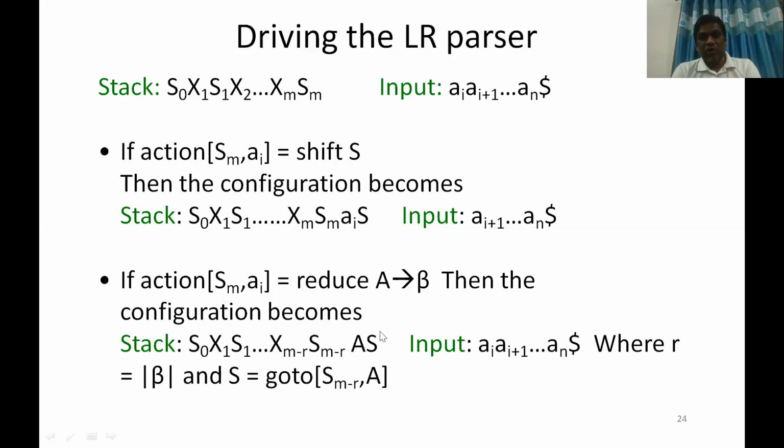And what is this S? This is crucial. Generally, you'll make a mistake over here. This S is calculated as goto of the last symbol on the stack before this capital A, comma capital A. So goto of this combination SM minus R, comma capital A, and there will be no change in the input. This is a reduce operation.